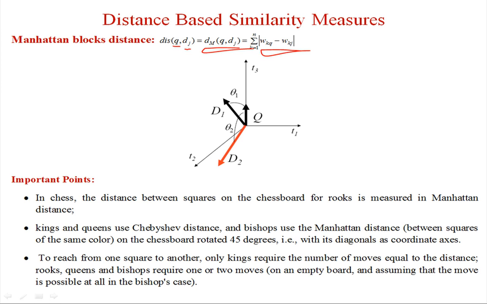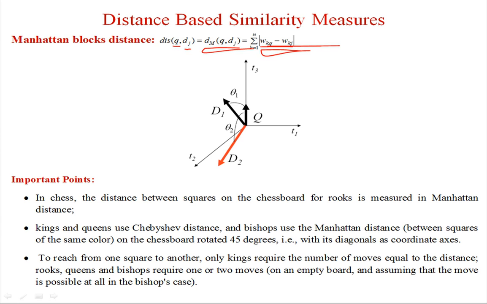WK represents the term, Q represents the query, J represents the document, and K represents the term which is equivalent to query terms and which exists in the document J. And from k is equal to 1 to n, we calculate the mod of that similarity.